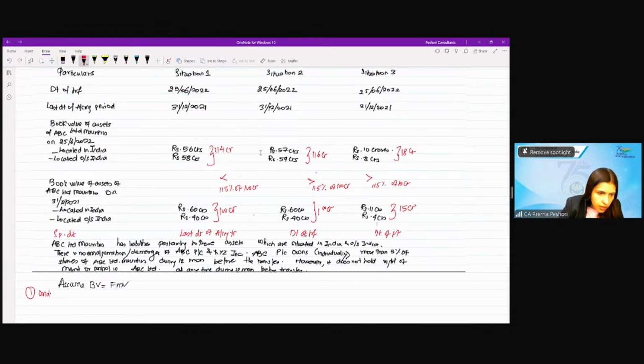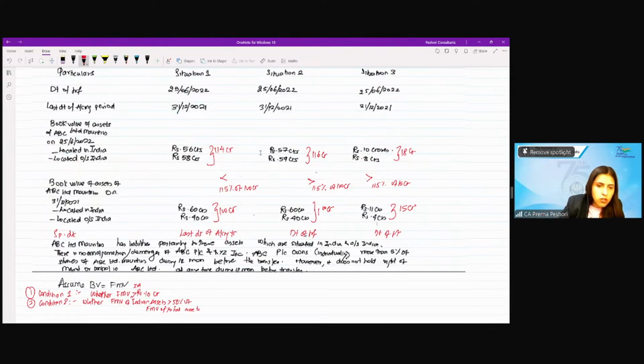So in the first scenario, let's say I'm writing two conditions. Condition one: whether FMV is greater than rupees 10 crore. And condition two: whether FMV of Indian assets is greater than 50% of FMV of total assets, right?